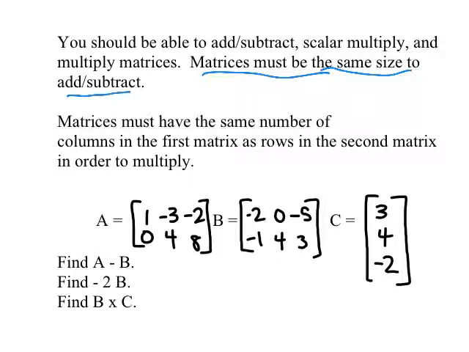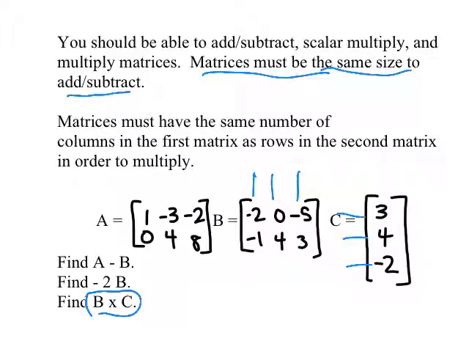But if I wanted to multiply B times C, I have to double check that B has the same number of columns, 3, as C has rows. And as long as that is the case, we are able to multiply those two matrices together.